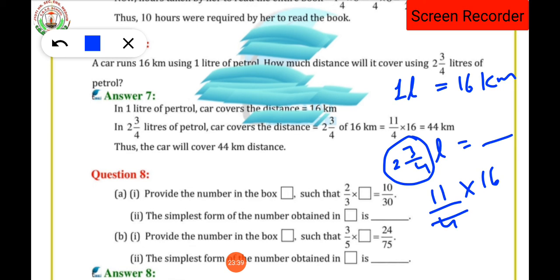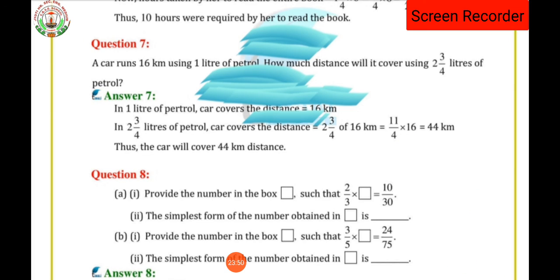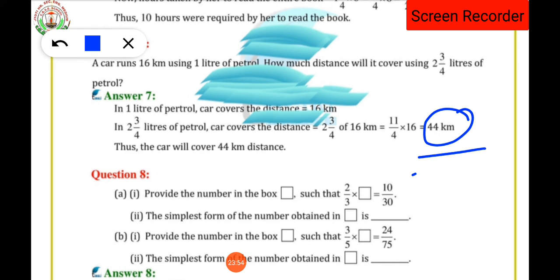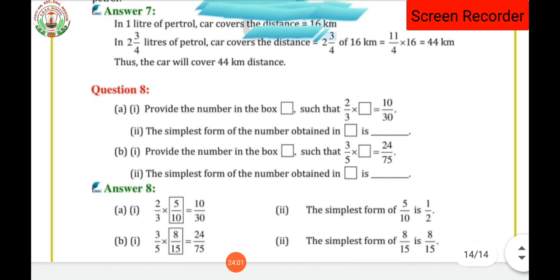Okay. Now here 1s are, 4 1s are and 4 4s are 16, isn't it? So 11 into 4 will become 44 kilometers. So how much distance will it take? That is 44. Thus the car will cover 44 kilometers distance. Clear everyone? Next question we are having.